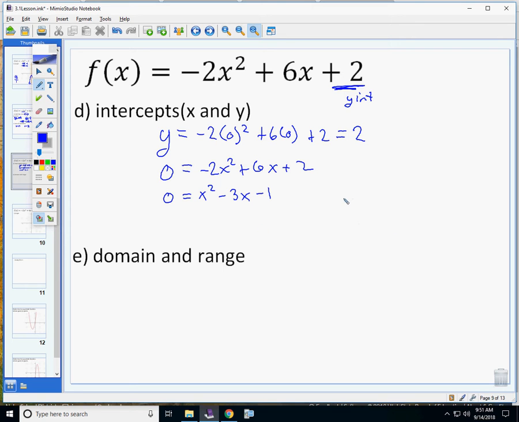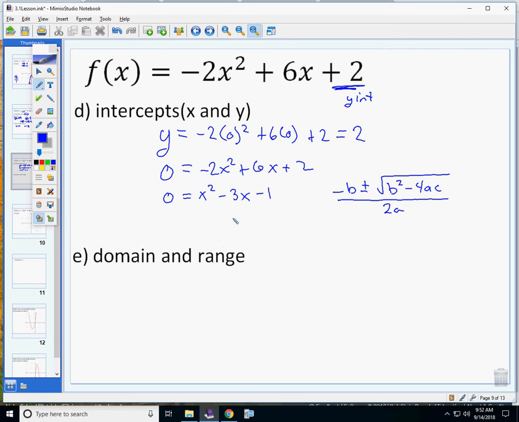So let me remind you of the quadratic formula. It's negative b plus or minus the square root of b squared minus 4ac, and the whole thing is divided by 2a. So we would plug this in.